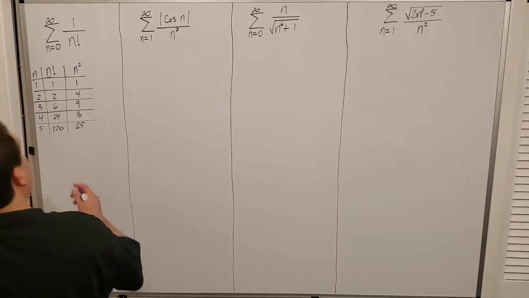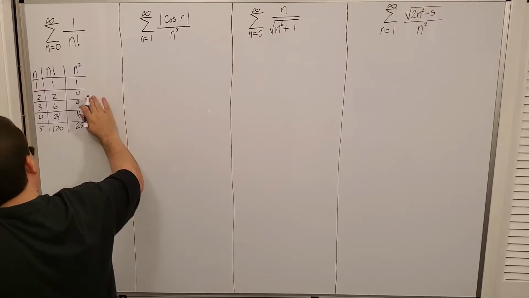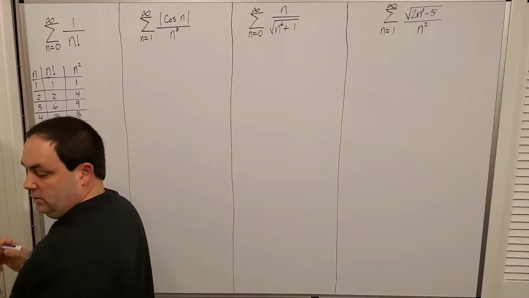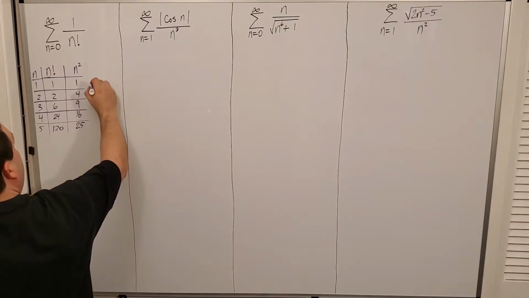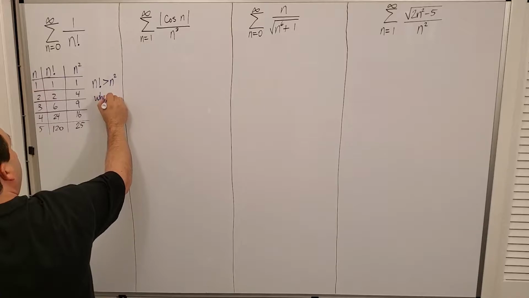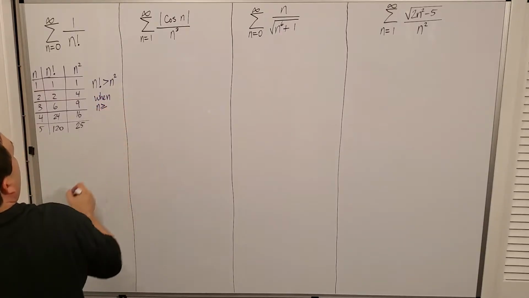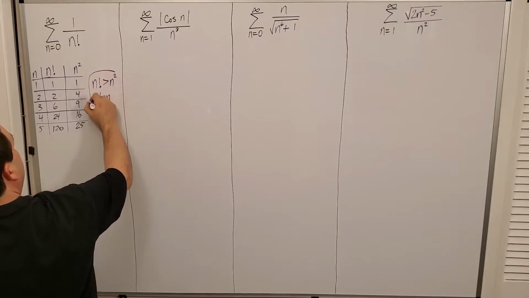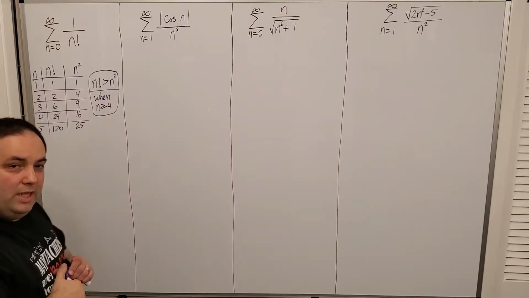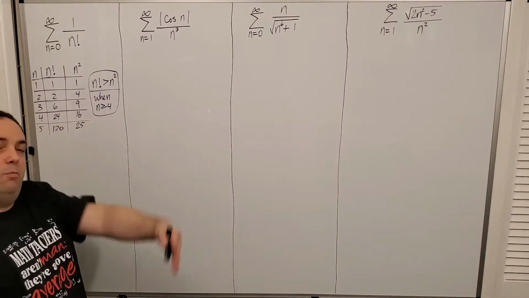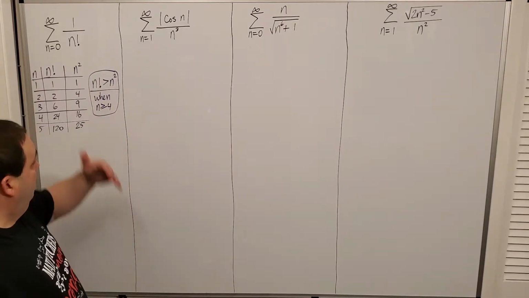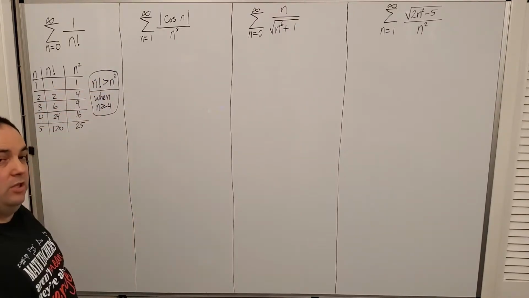So basically what we're getting at here is the statement that n factorial is going to be greater than n squared when n is greater than or equal to 4. Well, actually past the point where n is 3, because for 4 or more, n factorial is bigger than n squared.